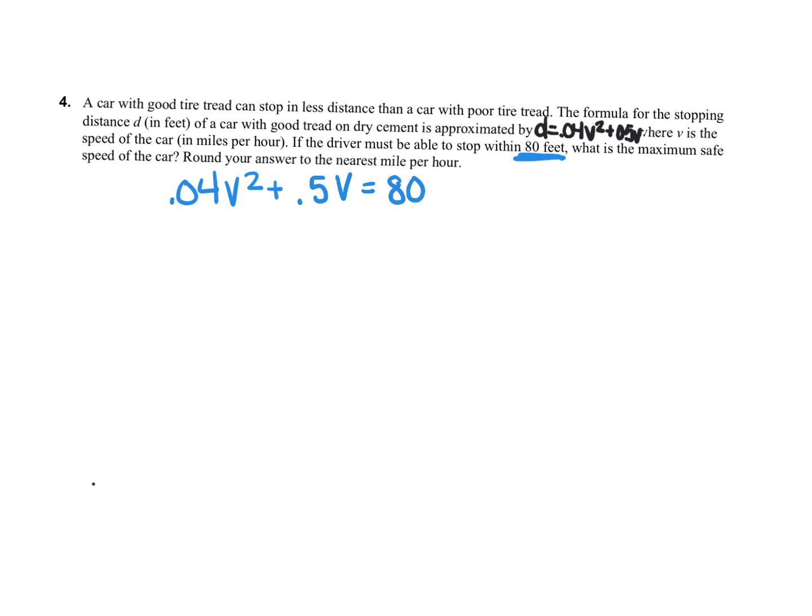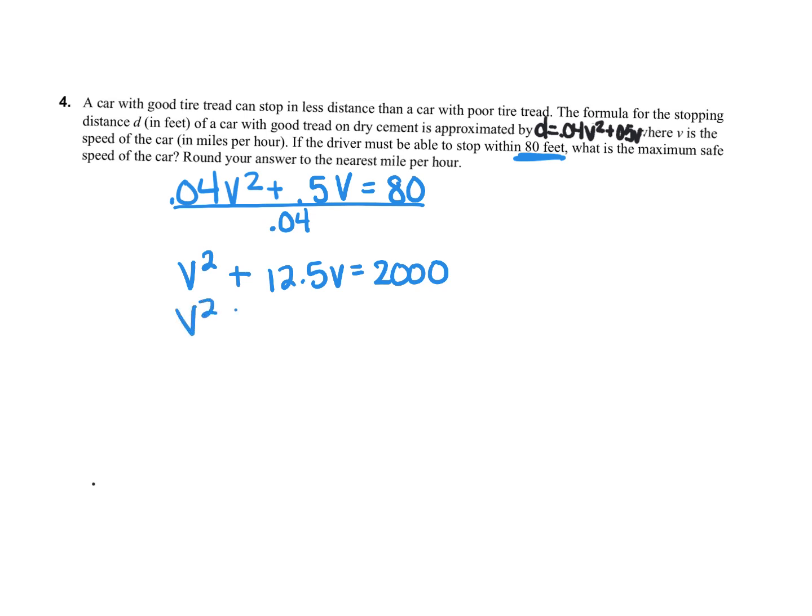So let's get that lead coefficient to be 1. I'm going to just divide everything by 0.04. So we're going to end up with V squared plus 12.5 V, and that's going to be equal to 2,000.